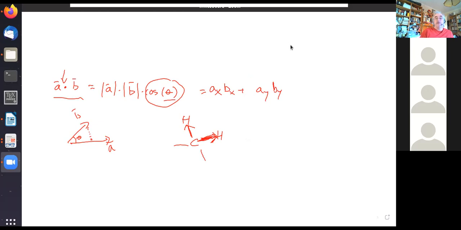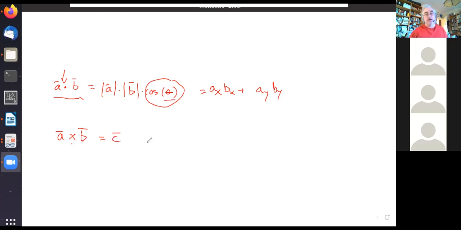With vectors, you also have another product. Strange in a way, but what's the difference between the dot product and the cross product? Or one speaks about the vector product, because this is actually another vector with some interesting properties.